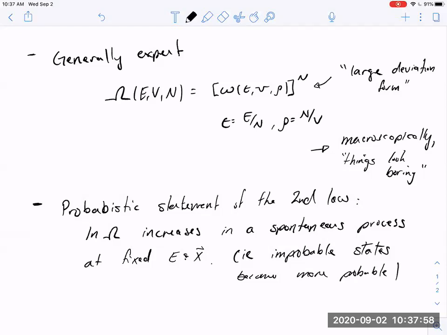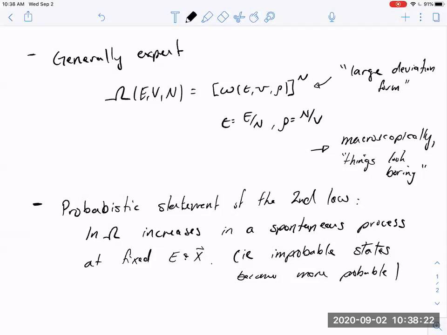So an abstract notion like the second law is reduced to nothing more complicated than a statement of probability that I think you all have intuition for. If I flip 10 coins and get all heads, that's a very improbable event.